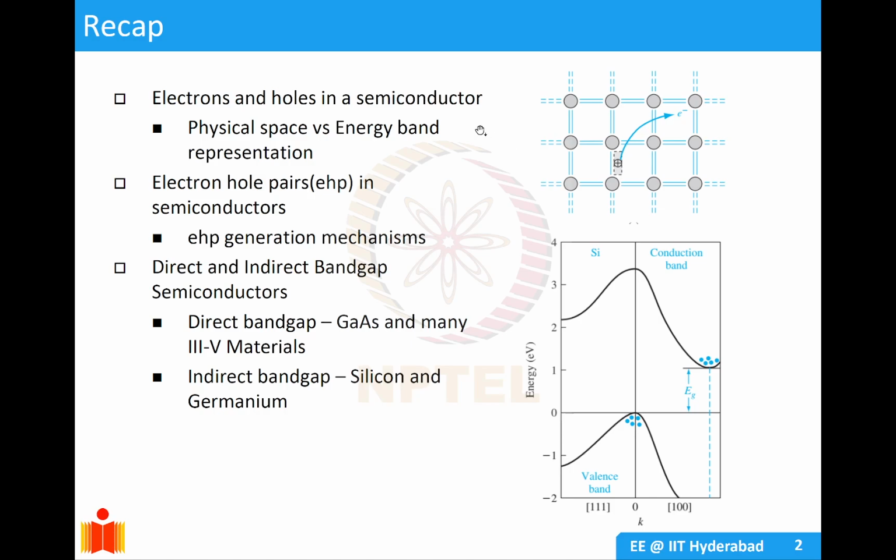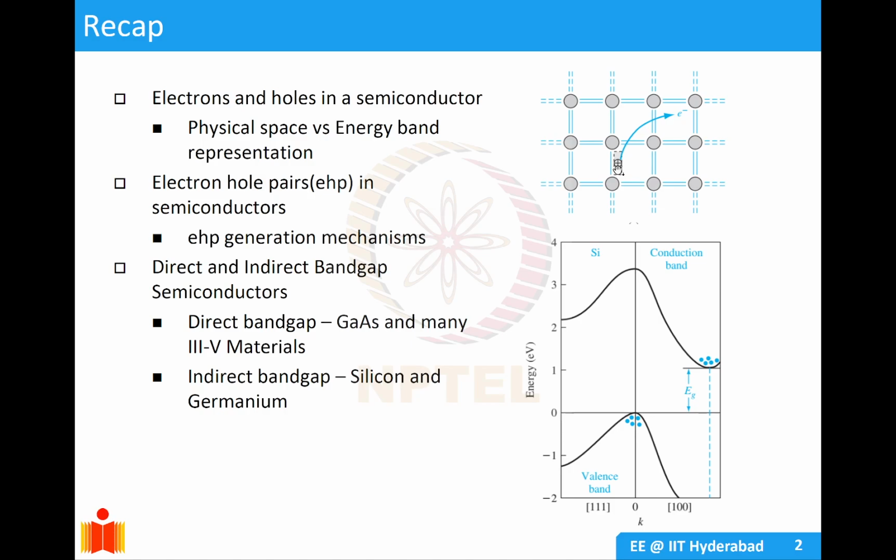We are studying physical space versus energy band representation. In the physical space representation, you show lattice positions and where the electrons and holes are situated based on the lattice positions, whereas the energy band is in the momentum space, which is the reciprocal space of the physical space.